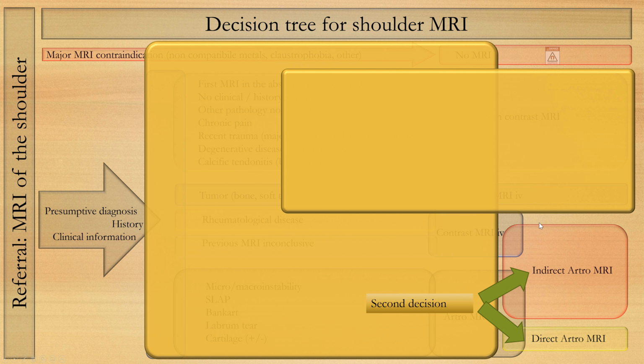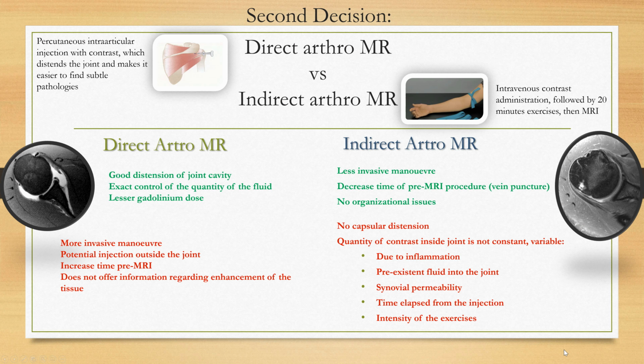The second decision we need to make is between indirect arthro MRI or direct arthro MRI. So what is this? Direct arthro MRI means percutaneous intraarticular injection of contrast, which distends the joint very well, and you can control the exact quantity of fluid that you inject, and there is less gadolinium dose.